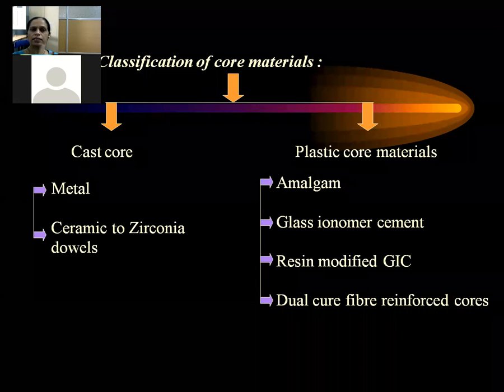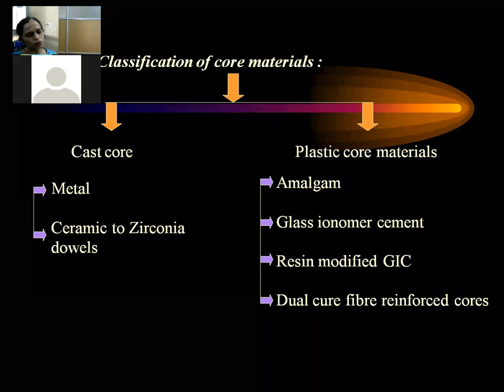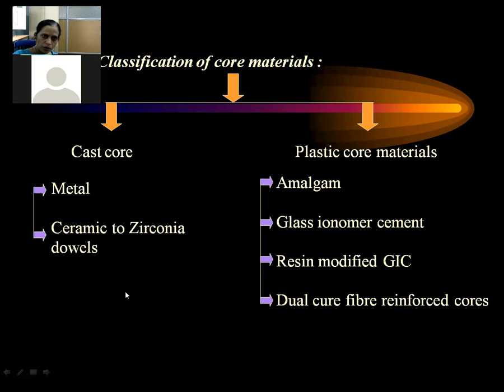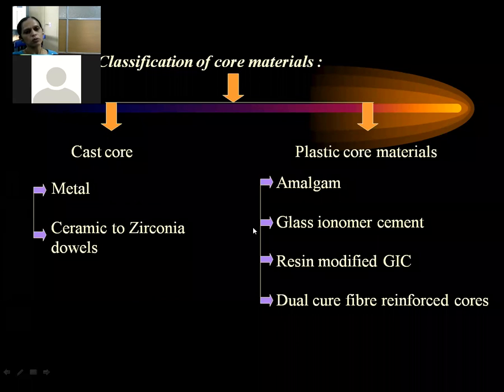Casting is not only of metal, casting is also done of ceramic. This is done by the direct or indirect method. All of you know that for casting there are two ways, direct or indirect. Direct we do inside the mouth, indirect we do in the lab. So core buildup on the posts is done on the metal and also on the ceramic.